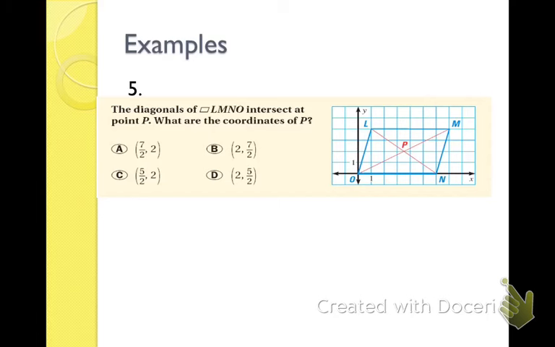Diagonals of parallelogram LMNO intersect at point P. What are the coordinates of point P? What do the diagonals do to each other in a parallelogram? Seth, what do the diagonals do to each other?